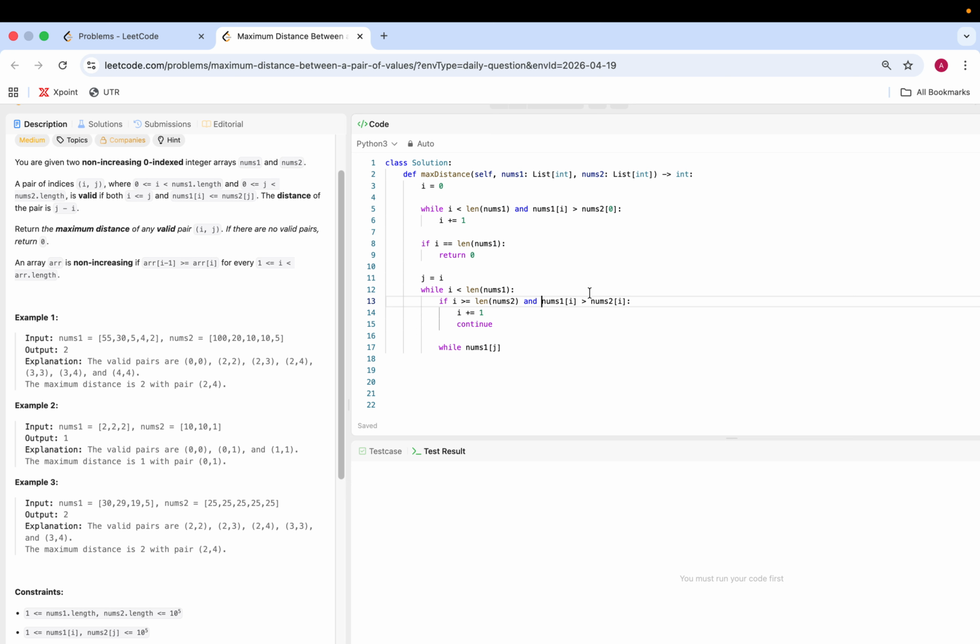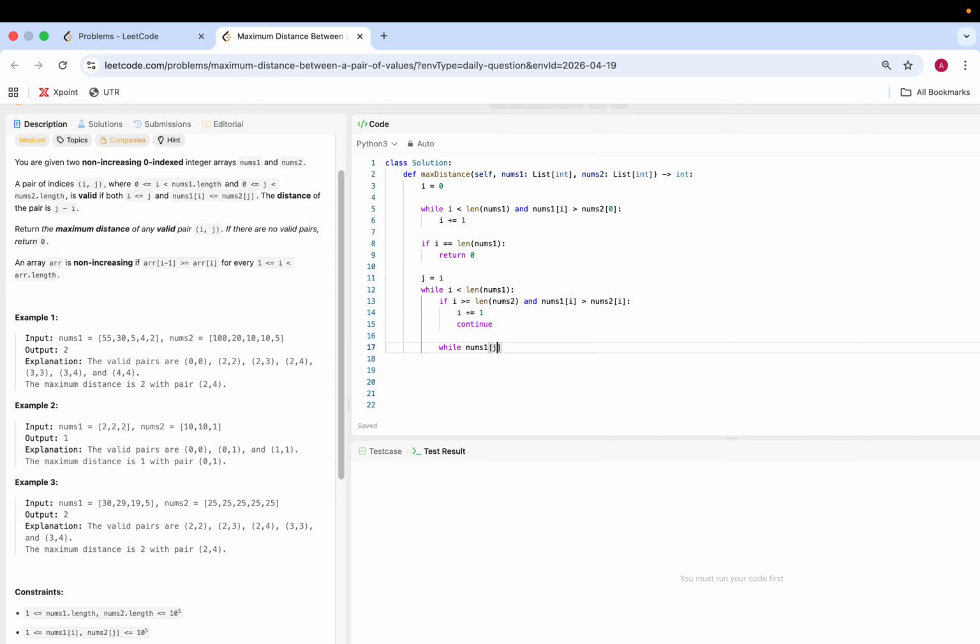Because the sizes aren't the same. So this could be an invalid index for nums2. Sorry, I said this wrong. i will definitely be a valid index for nums1, but it might not be a valid index for nums2. So I should check that.